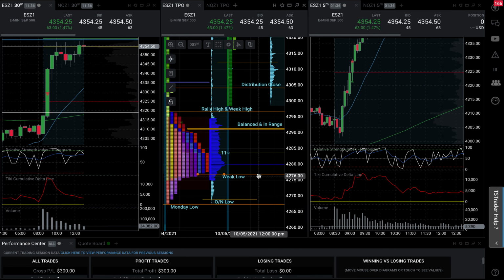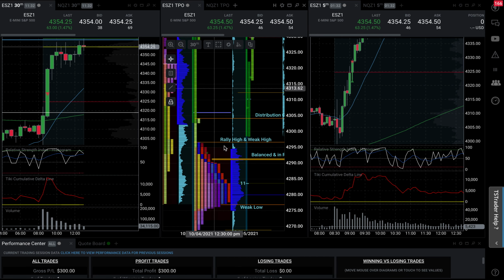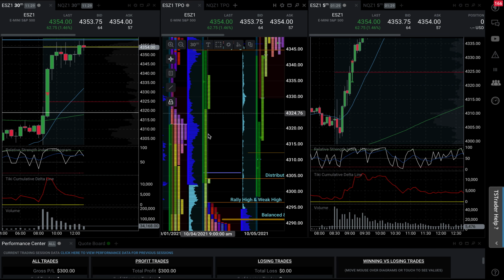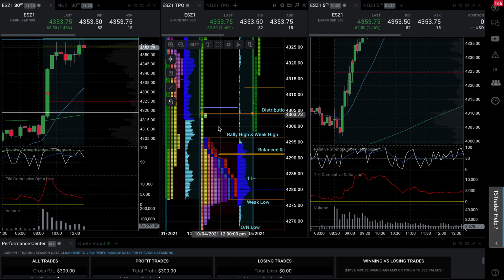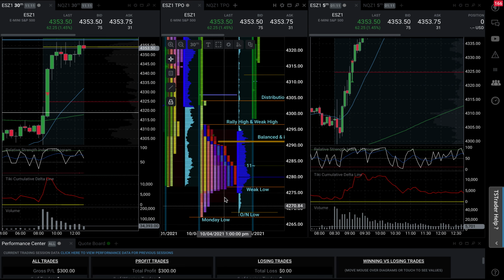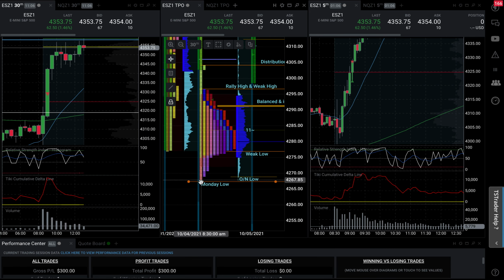So let me explain these two. We have distribution close, which basically is we had access all the way down here, and then we started getting this distribution down here, this B shape. The reason why this is a distribution close is because even though it was access, we have C period that gets into this distribution here and connects the whole thing. And we have access down here with E period, but as you see, it's still connected with this whole thing.